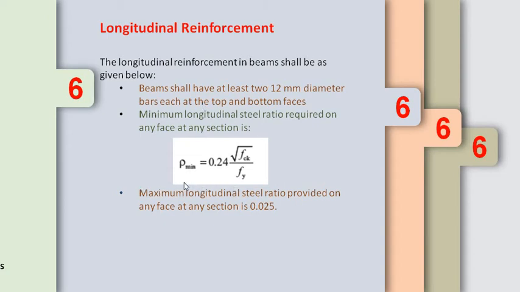Then minimum longitudinal steel ratio, that is rho minimum, required on any face of the section should be 0.24 root of fck by fy. Then maximum longitudinal steel ratio provided on any face at any section is 0.025.